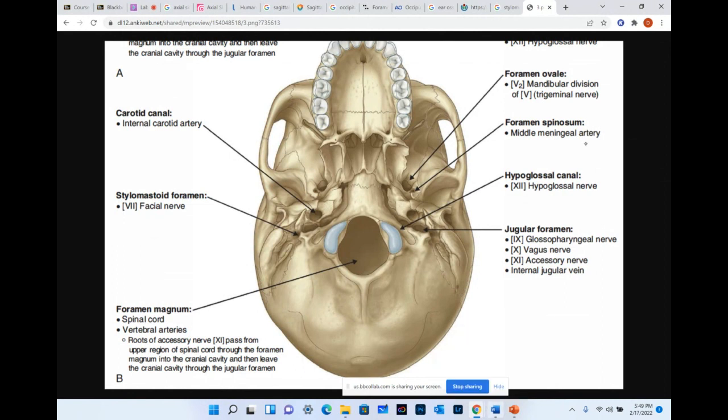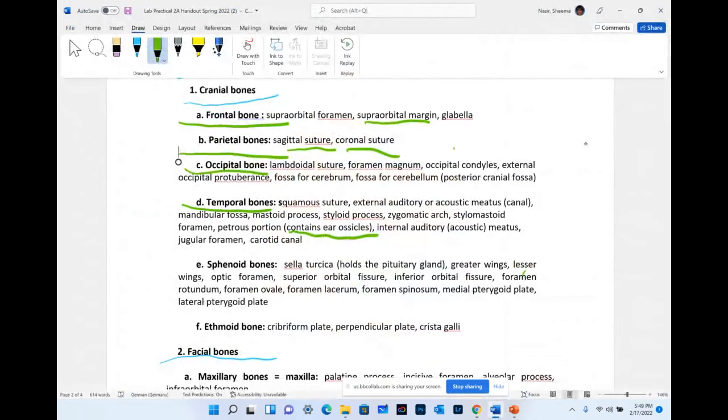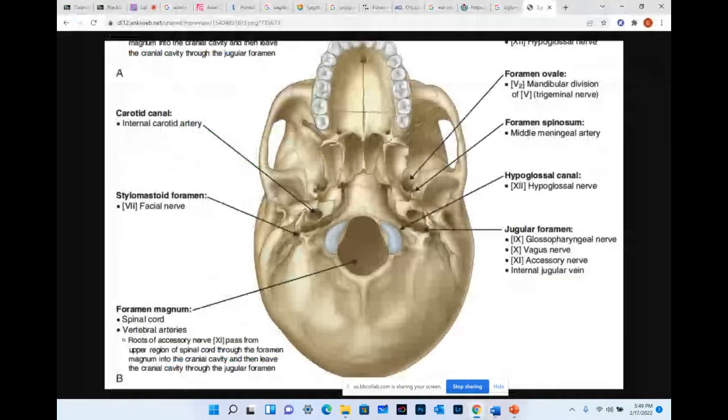And let's see if we covered everything. So squamous suture, external auditory meatus, mandibular fossa, mastoid, styloid, zygomatic arch, stylomastoid foramen, petrous, internal auditory meatus, petrous portion, jugular foramen, and carotid canal.